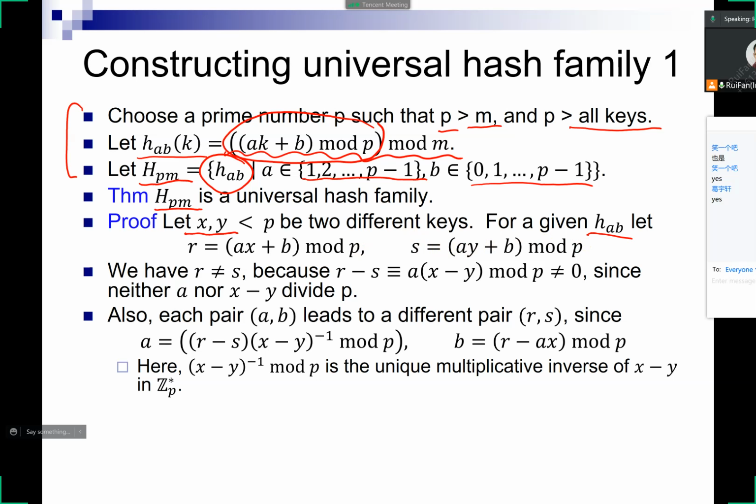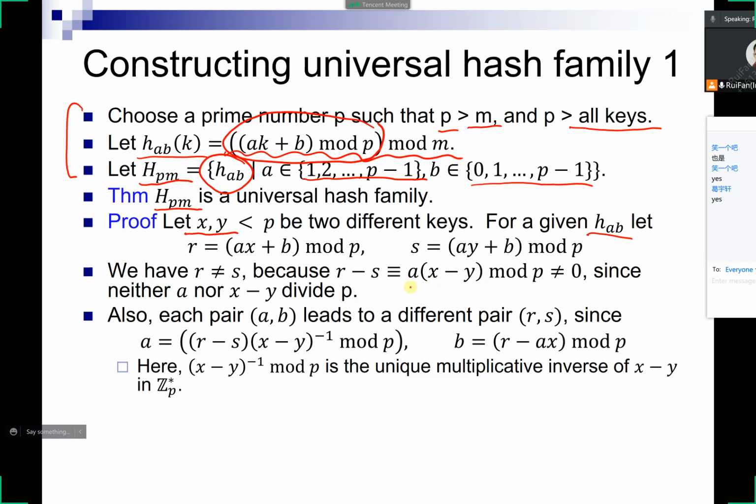First, we're going to show that r is not equal to s. The reason is that r minus s is congruent to a times (x minus y) modulo p, because the b's just cancel out when you do r minus s.